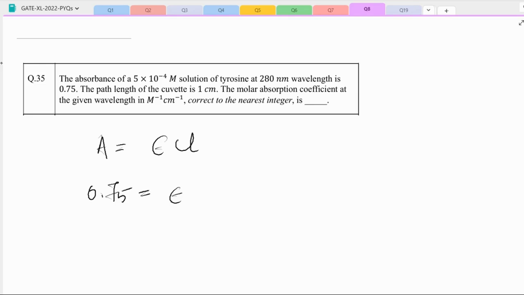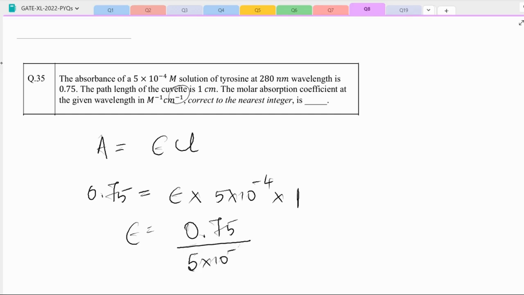Substituting these values, you get A as 0.75 equal to ε, which we need to find, which is the molar absorption coefficient, and concentration is 5 × 10^-4 molar, into L, which is 1, because they ask the ε in terms of centimeter inverse. So ε here will be 0.75 divided by 5 × 10^-4.